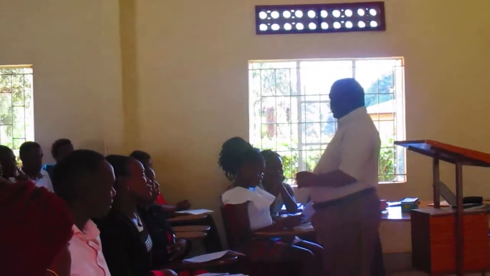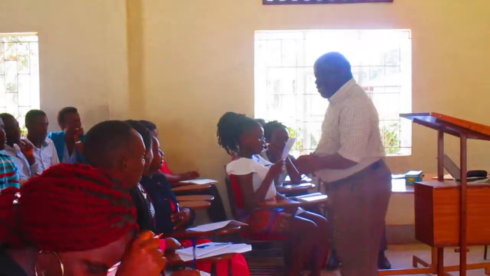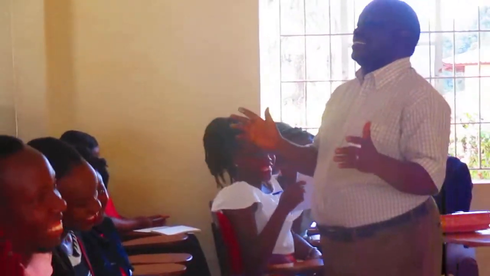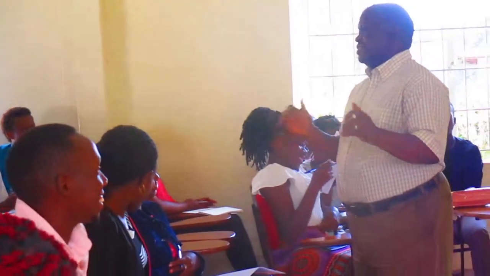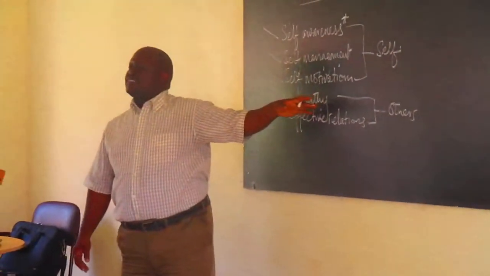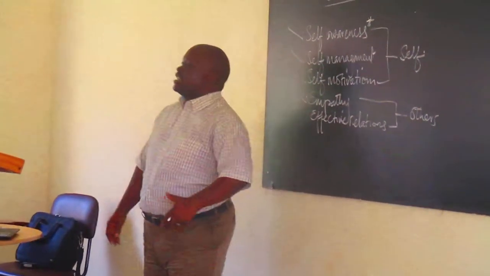Are you sure? Are we together? Say, hey, your father's died. You are not emotionally intelligent. Now, you can't pretend about some of these things. It is a skill that you have to build gradually.